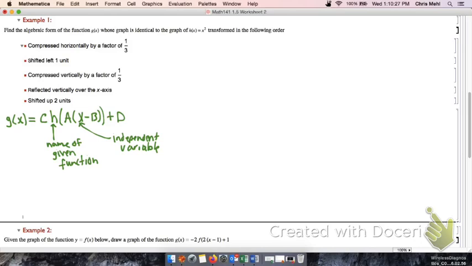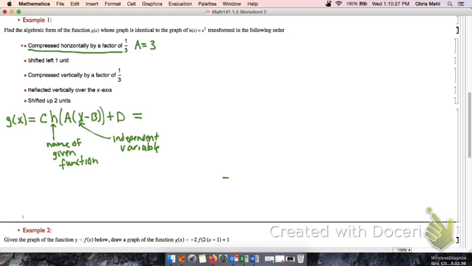So first of all, I've got a compression horizontally by a factor of 1/3. That's telling me about the horizontal scaling factor A, and the thing you always have to be careful with is that when you're doing horizontal scaling, the value of A is always the reciprocal of the factor that you're scaling by.